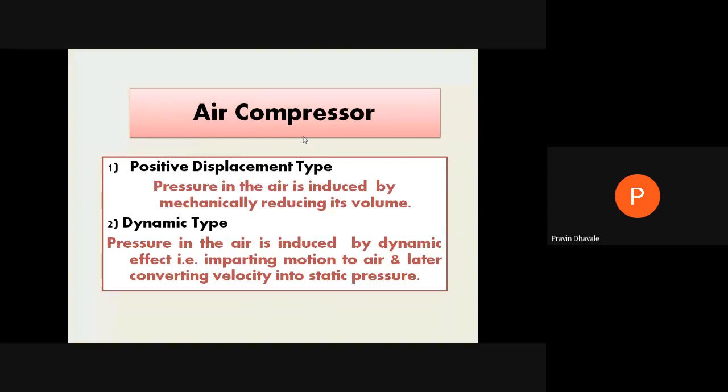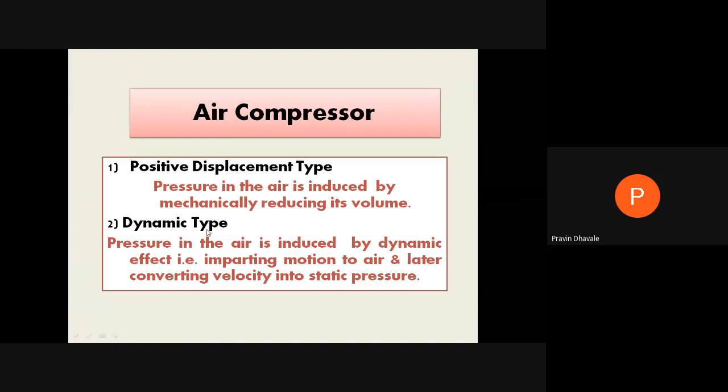So such a device is called the air compressor. An air compressor is a device which will convert mechanical energy into pressure energy of the fluid. In an air compressor, air is used as the working medium. Mainly it will be of two types, positive displacement type and dynamic type.